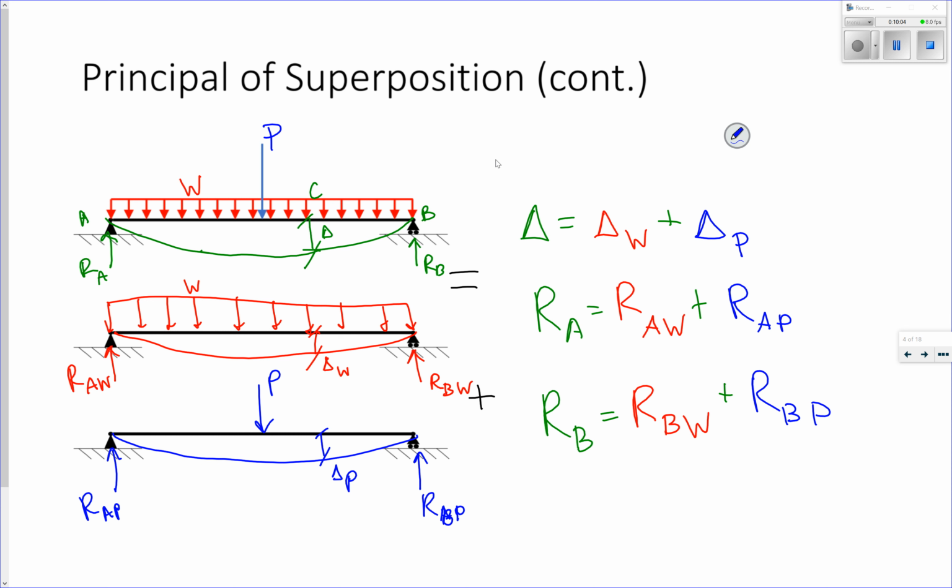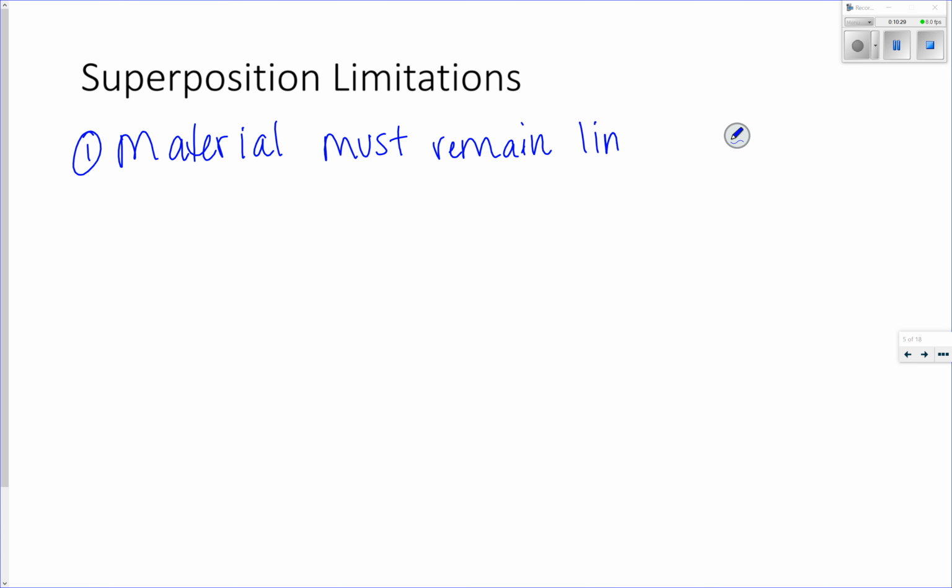Now there are several limitations for the principle of superposition. Number one, your material must remain linear elastic. Meaning it must follow Hooke's law that we learned back in mechanics of materials, where stress is equal to my elastic modulus constant times strain.